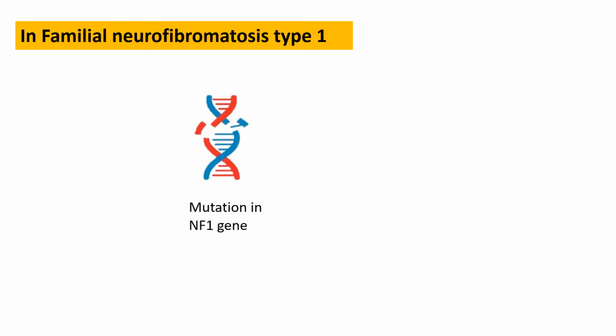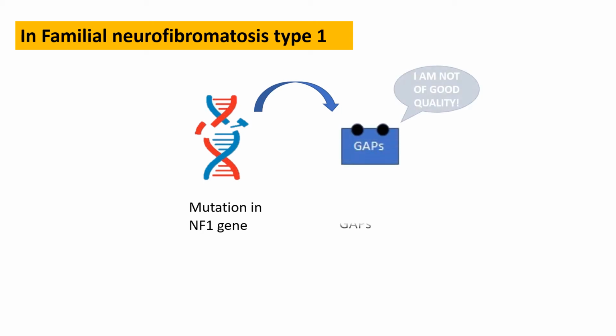In familial neurofibromatosis type 1 tumor, there is a mutation in the NF1 gene. This NF1 gene, in general, encodes a GTPase activating protein. Now, when there is a mutation in the NF1 gene, it leads to the production of less efficient GTPase activating protein, which causes the RAS to be active all the time.